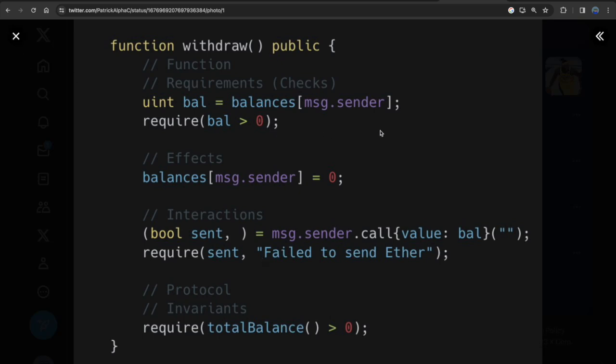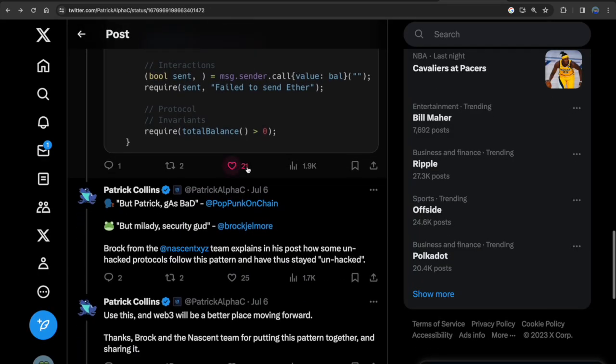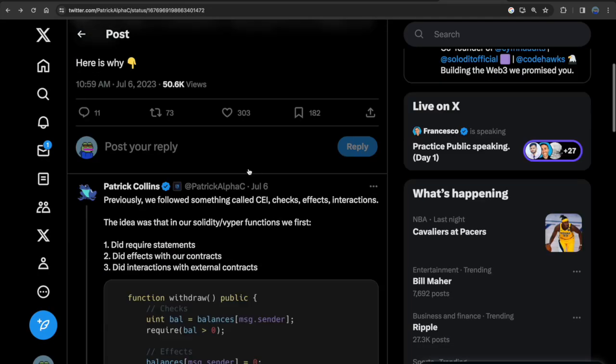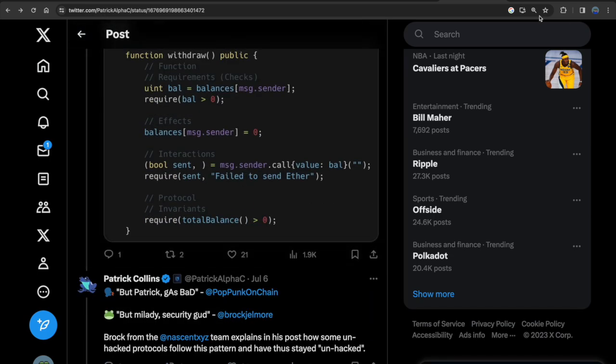And then as a developer, if you're taking this course, use protocol invariants within your functions to give yourself some extra security while you're developing. And then Patrick goes on to say a lot more about this, so you can read this thread. We'll be sure to link this as well.